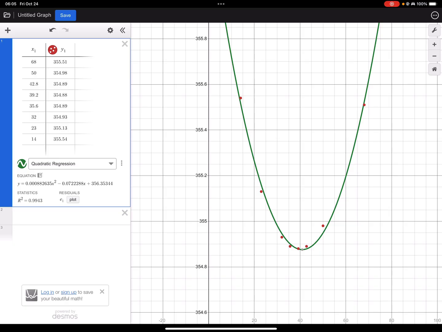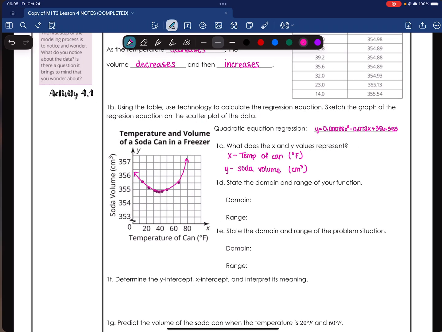Now we need to talk about the range. On this graph, we have a minimum. The minimum value is 354.88. Notice that all of the y values are either equal to 354.88 or they're greater than 354.88. Okay, so our range is going to be y is greater than or equal to 354.88.